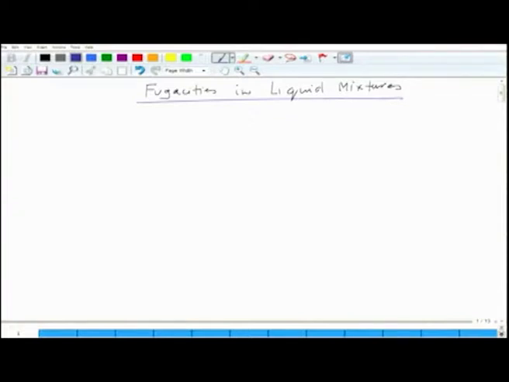So, let me just write down first a generic expression of the fugacity in liquid phase. It is written as gamma_i times x_i times f_i^0, and f_i^0 is a function of T, P and some concentration or mole fraction.